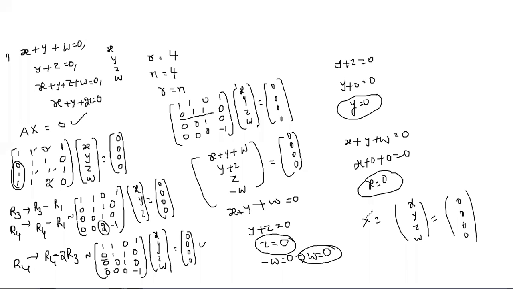So the solution we got is a trivial solution. And one more thing, can you observe that the number of equations is equal to the number of unknowns? How many equations did they give in the problem? 4 equations, right? How many unknowns did they give? 4 unknowns, right? It means if the number of equations is equal to the number of unknowns, simply which solution did we get? Zero solution or trivial solution.